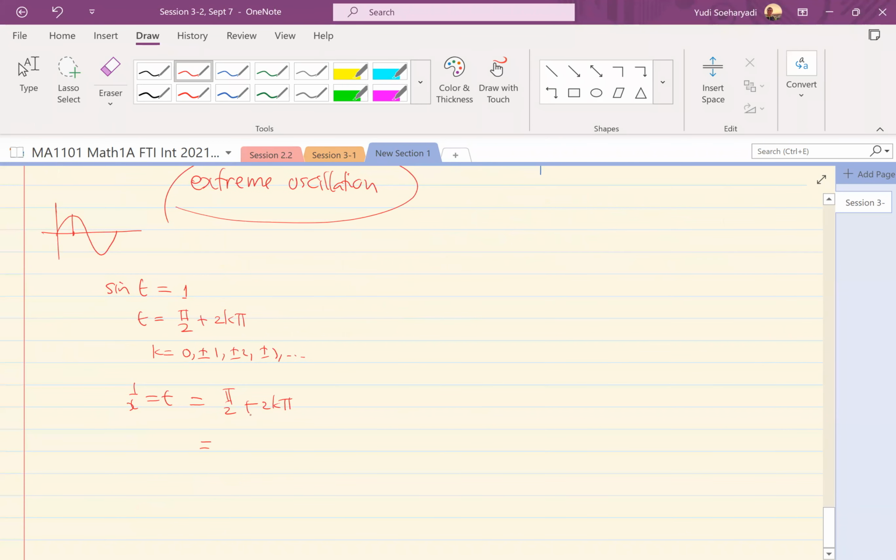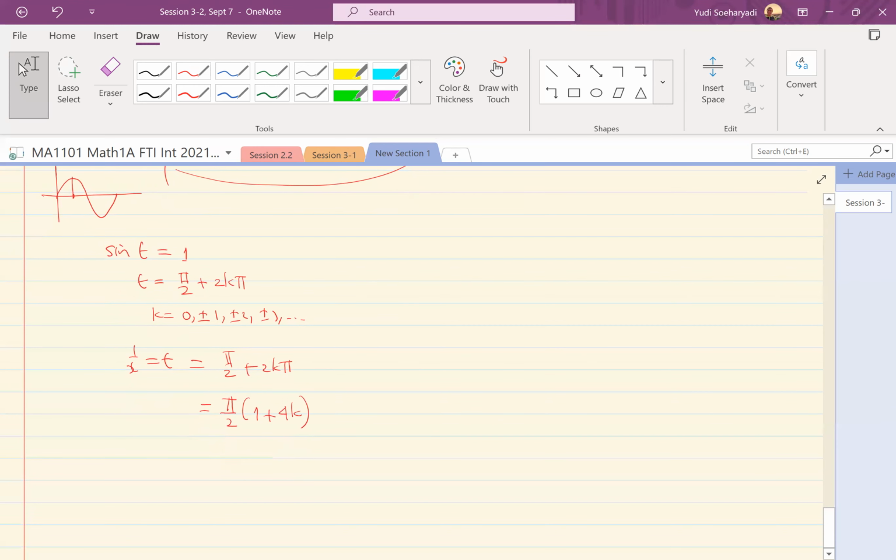Or you can say, how do you compute this one? We take the pi out, for k, right? So this 1 over x. So then x is 1 over this.